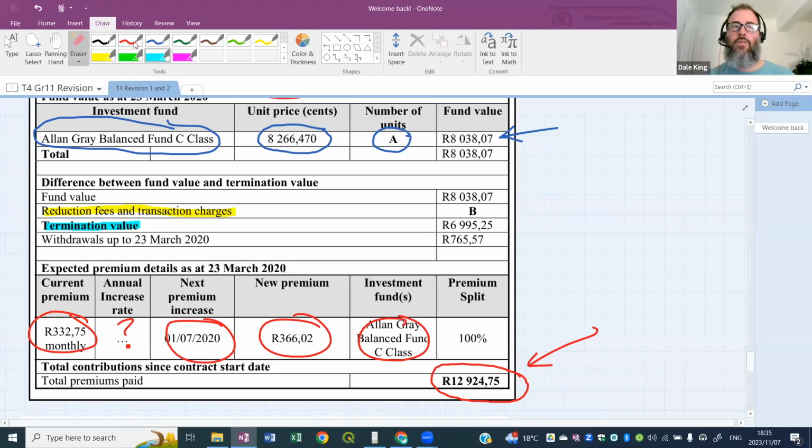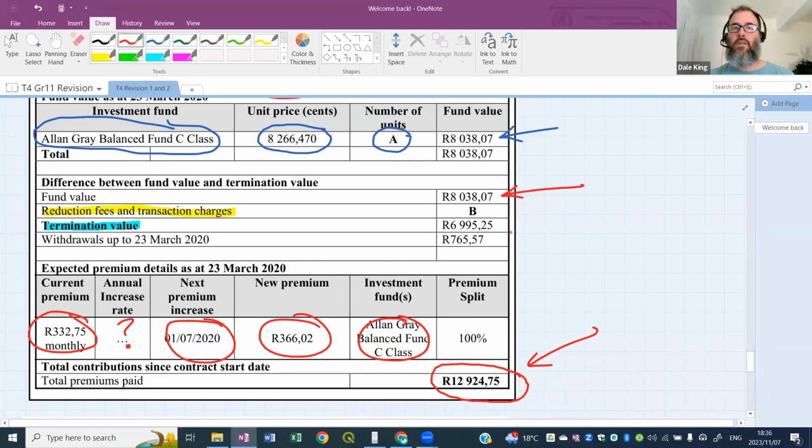This is what the value of the fund is right now: 8,038 and 7 cents. So what this person has invested and what the value of these shares are is actually lower than what they invested. Yikes. That's not good. No wonder Mrs. Rogue wants to terminate this investment. Mrs. Rogue is losing money, not making any money in this investment.